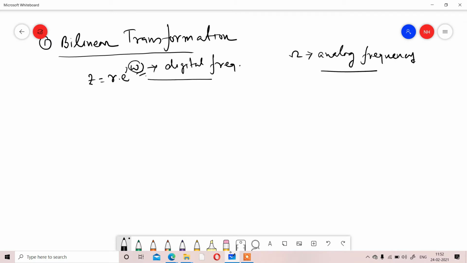Whenever we designed the analog Butterworth filter, keep in mind we used that analog frequency.